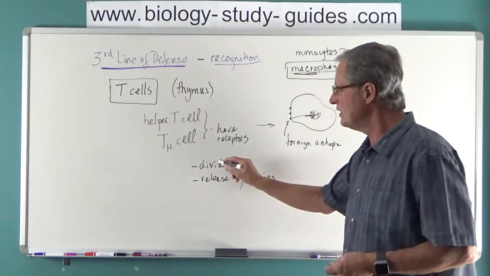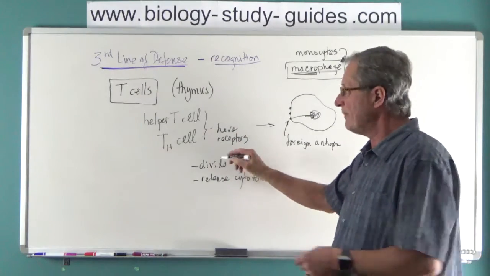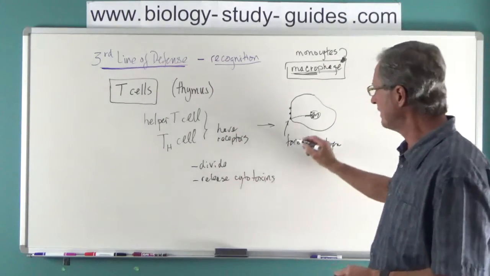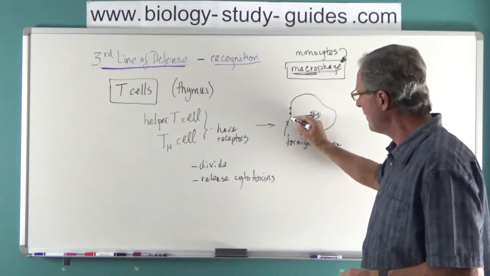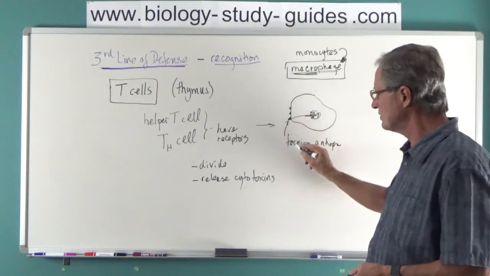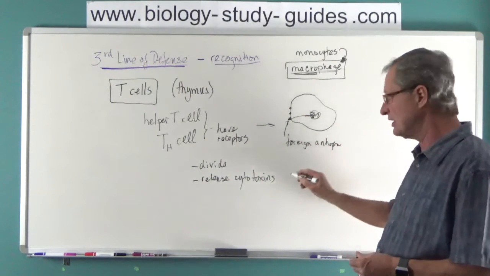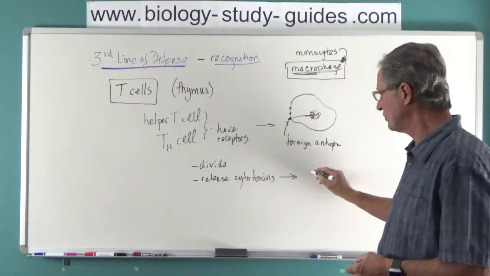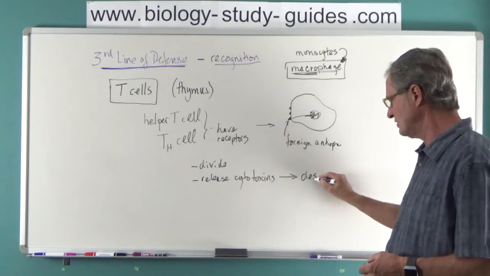So in addition to being stimulated to divide, to mass produce themselves, they're releasing cytotoxins, which, once they recognize what we're trying to destroy, which is cells that have that antigen, will destroy the cells that have those antigens.